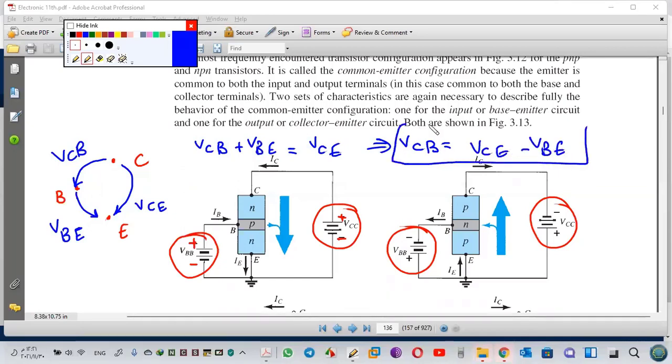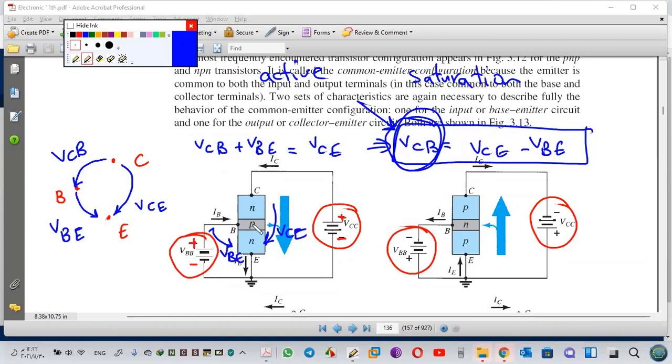Why do I need this? This voltage gives me information about active or saturation. And this is hidden, as you see. Here I have VCE, I have VBE, but where is VCB?